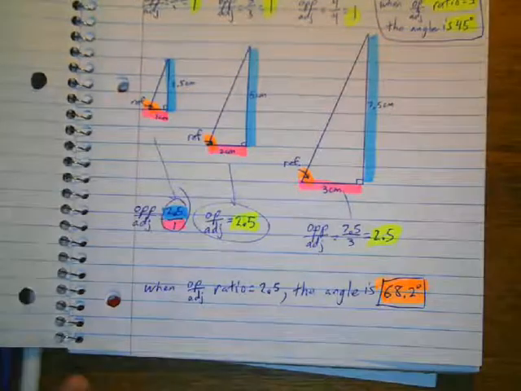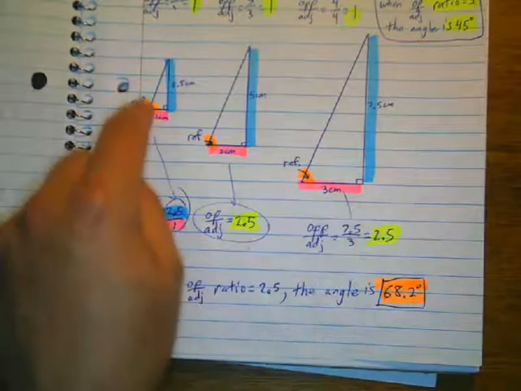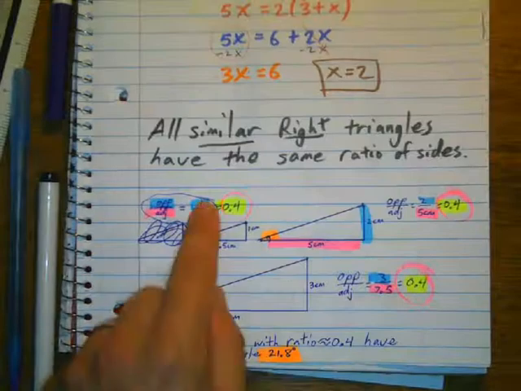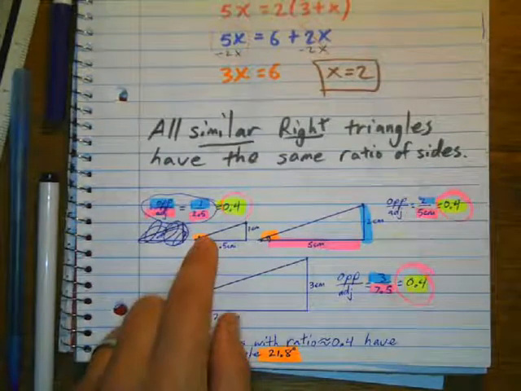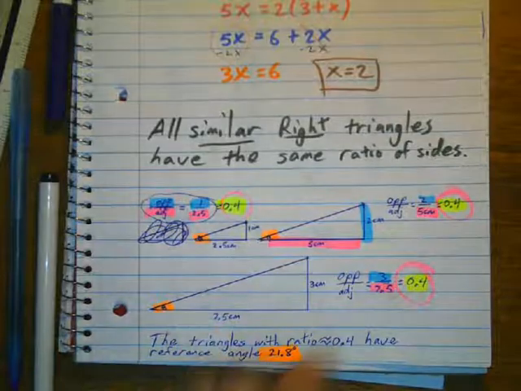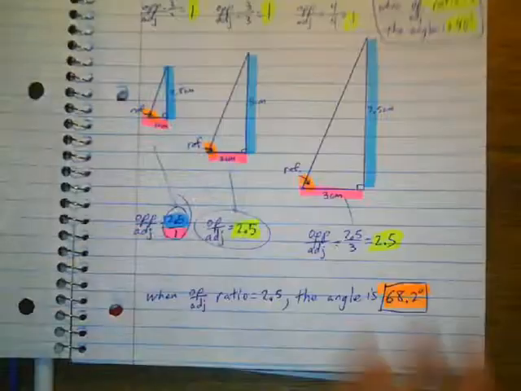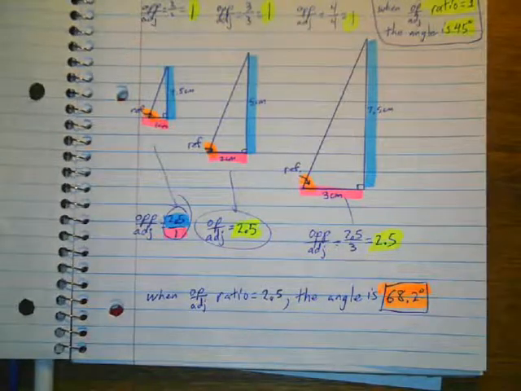Doesn't it make sense that if this is 2.5 over 1 and this is 1 over 2.5, that I would have two angles that add up to 90 degrees? More to come. This is just the beginning.